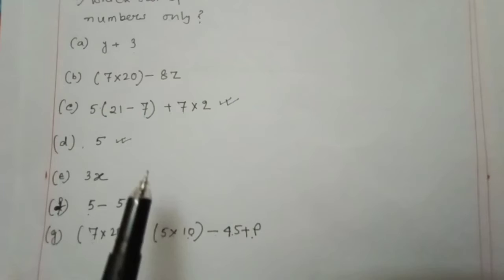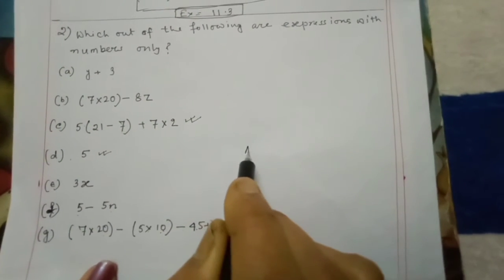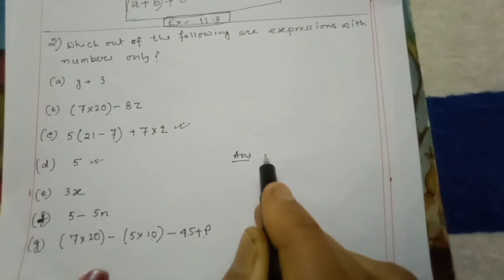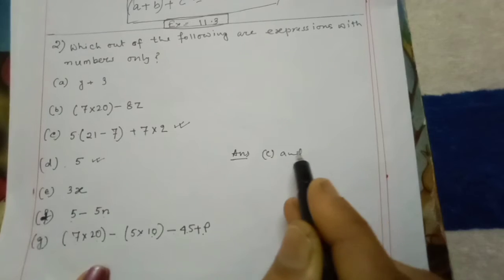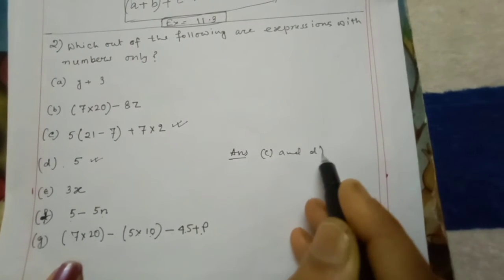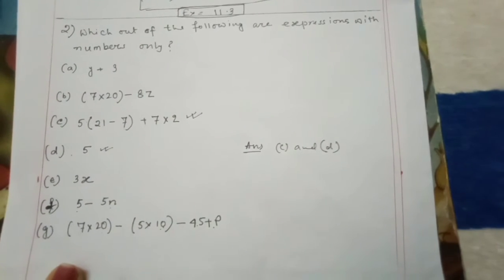So the answer of this question we can write in this way: expression number C and expression number D are the two expressions with numbers only. Understood?